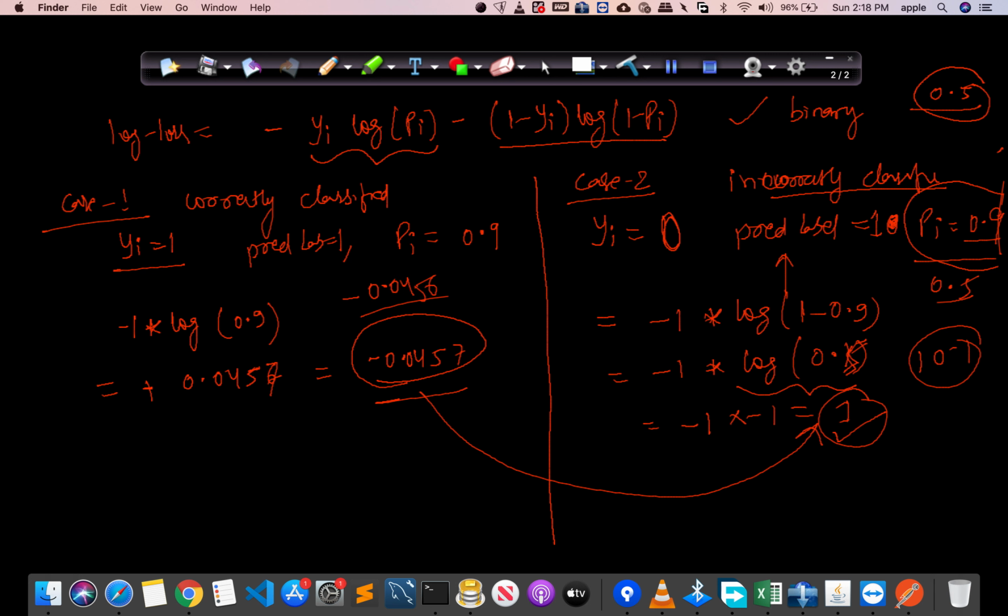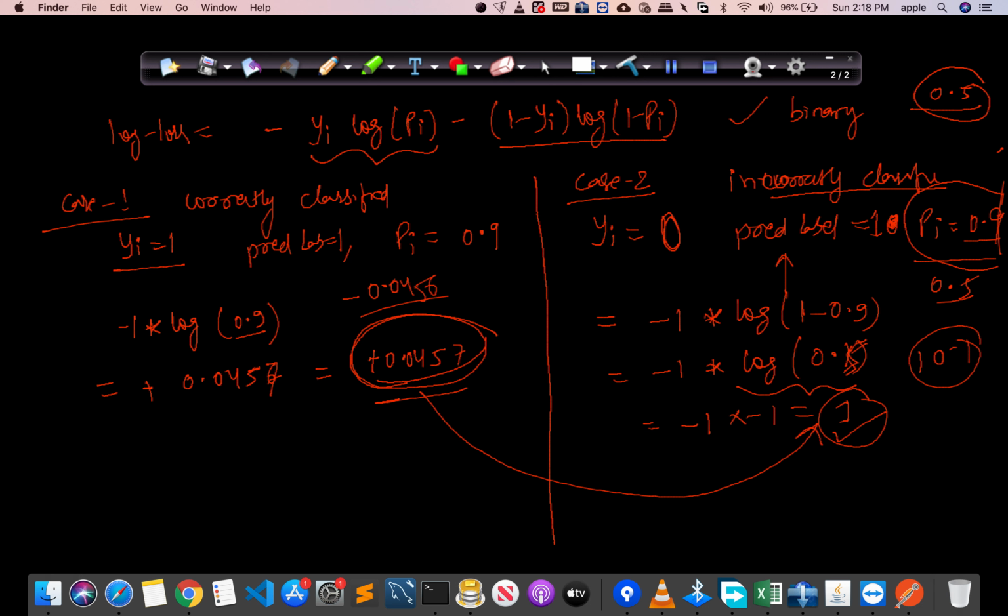Sorry, this was my bad. This will give us a negative value. Since the value is less than 1, the log will be negative, and negative and negative is positive, but the value is very low. Here the value is very high compared to this, even more than 10 times.